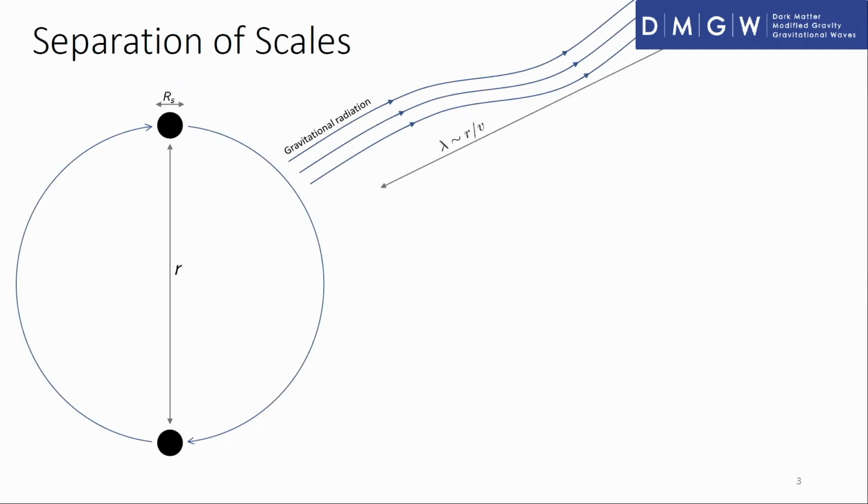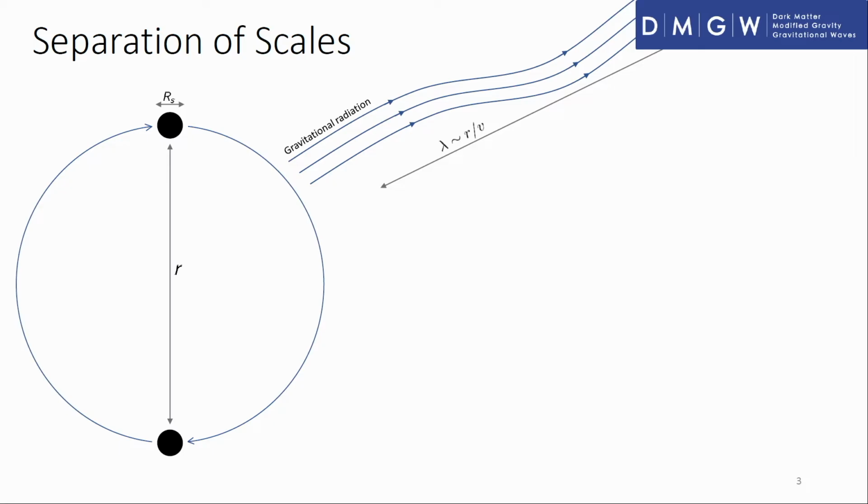All right, so what is the situation that we are interested in? It's the in-spiral phase of binary systems. During the in-spiral phase, if you want to calculate the gravitational radiation, then you are quite in luck because you have three scales that are clearly separated.